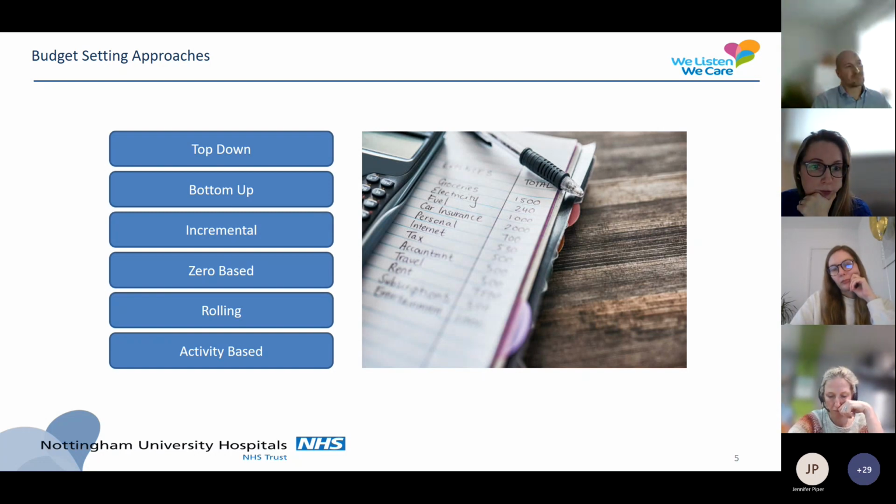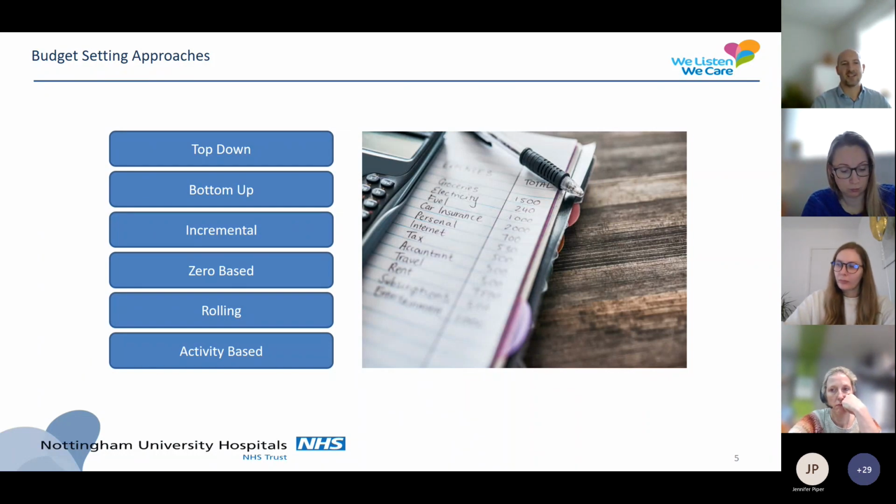That has its merits. Essentially, this is probably the most common form of budget setting that you find in the NHS, and one of the merits of it is it's quicker than going back and looking at everything from scratch.